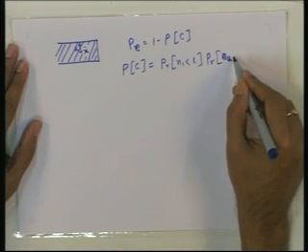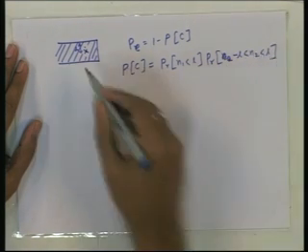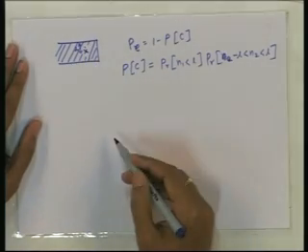So, this is the probability of correct decision.